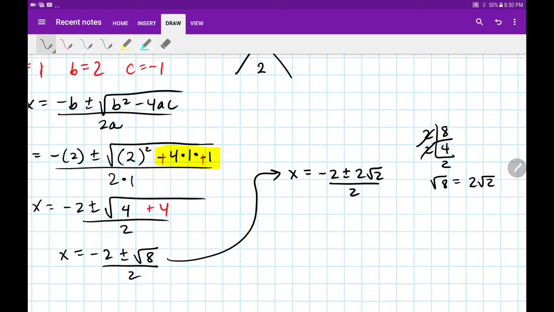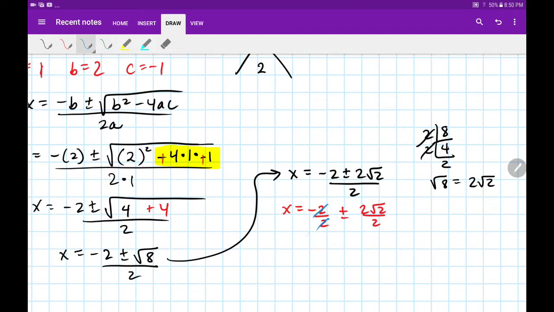Now, once you get here, you will be tempted to cross stuff out, but you need to hold back. That's not mathematically okay. The only way that we can do this is to split the fraction into 2 pieces. So I'm going to rewrite this as x equals negative 2 over 2 plus or minus 2 root 2 over 2. And that would be the proper way to deal with this next.